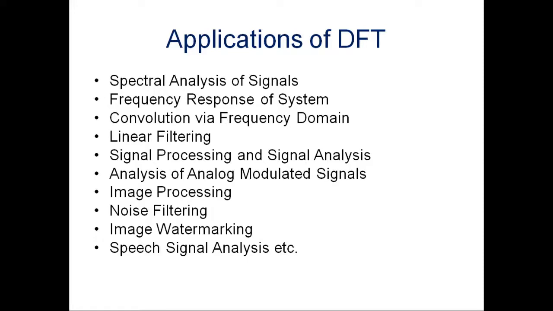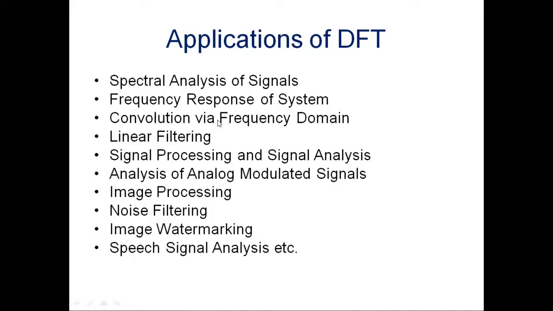In the DFT domain, X of omega is the Fourier transform of the input signal, H of omega is the frequency response of the system h of t, and Y of omega is the output in the frequency domain. So we will be getting Y of omega equal to X of omega into H of omega. So H of omega equals Y of omega by X of omega. So we can find the frequency response.